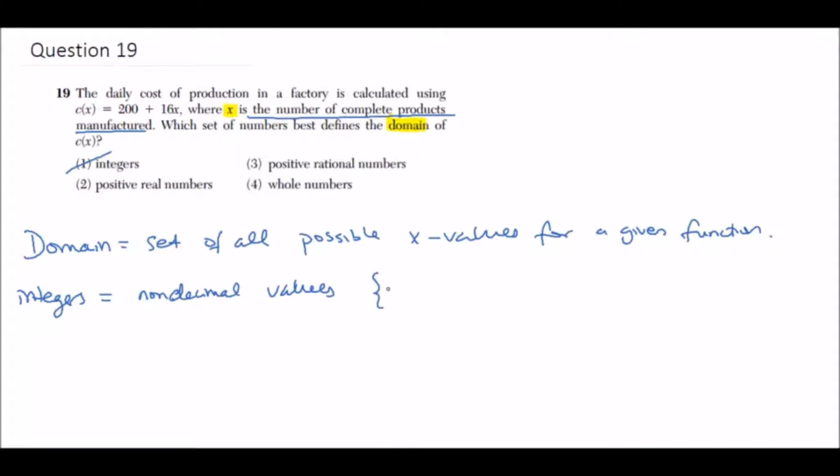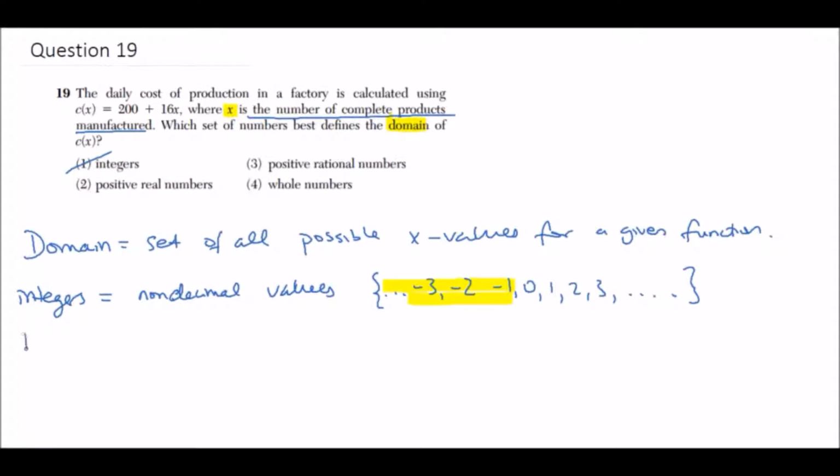So it's ... -3, -2, -1, 0, 1, 2, 3, etc., and it goes on to infinity and negative infinity. Since we can't actually use negative numbers for complete products, well, we could use 0, right? No products might have been manufactured. We can't use negative numbers, so that doesn't help our domain for this particular function.